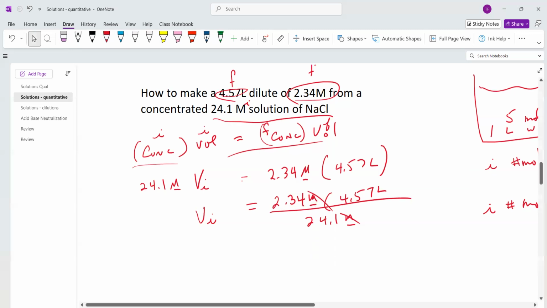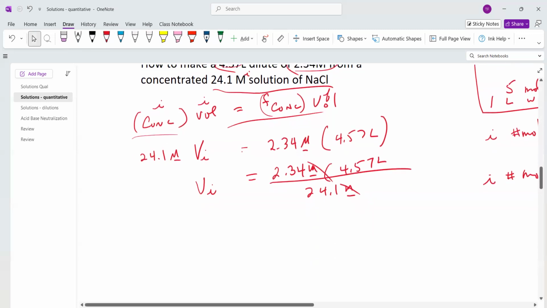Okay, so this is going to tell us how much of the concentrated we have to get from the 24.1 molar stuff.